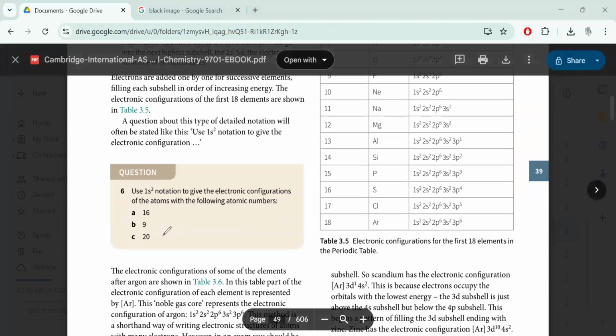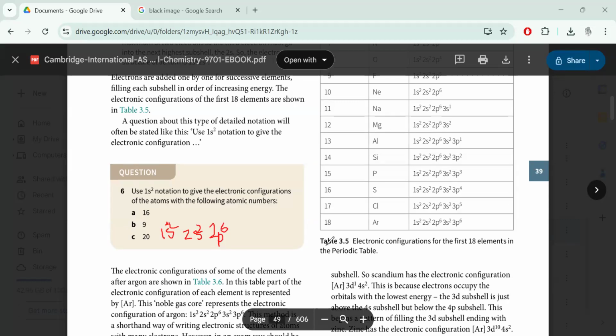So we have 1s2. Now the first subshell has been filled since it can hold only 2 electrons. Then the next 8 electrons go to level 2: 2s2 and 2p6. So far we have 10 electrons distributed.